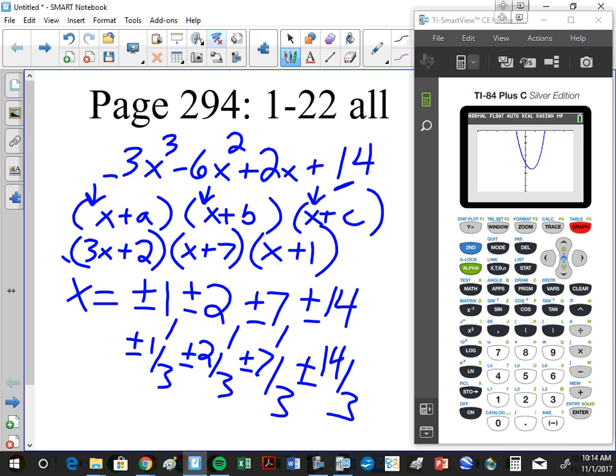That's a possibility, right? 2 times 7 times 1 is 14, and 3 times 1 times 1 is 3. Okay, and notice we don't even care what happens in the middle. That does not affect the possible roots. It will affect the actual roots, but not the possible roots.